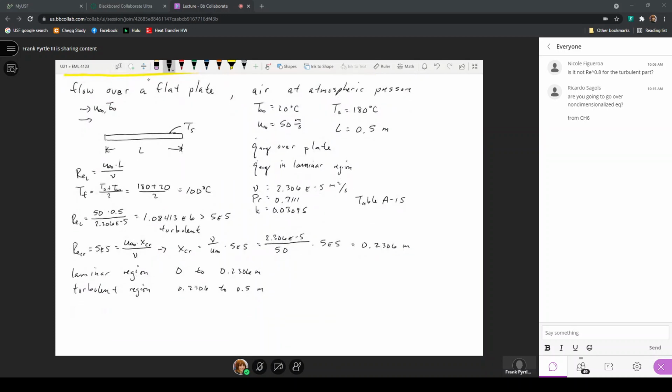So this expression for the heat flux average over the plate is h average over that entire plate times Ts minus T infinity. And over the entire plate, I have a laminar region and a turbulent region.